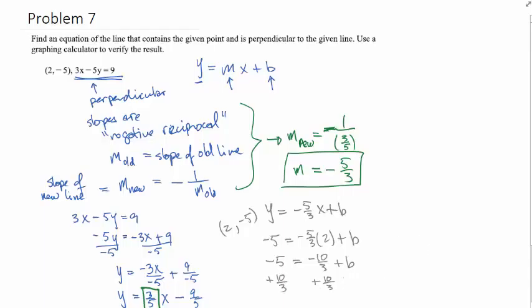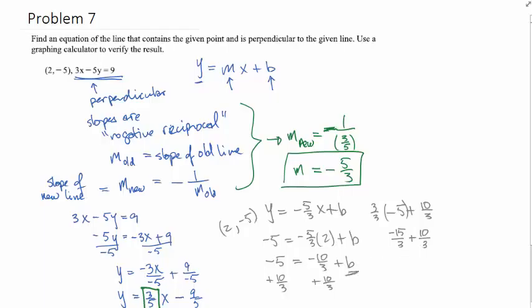So off to the side here, let me just find common denominators, so I have minus 5 plus 10 thirds. Common denominator looks like it's 3, so I would multiply this by 3 over 3. That gives me negative 15 thirds plus 10 thirds, and that's going to give me a b value.